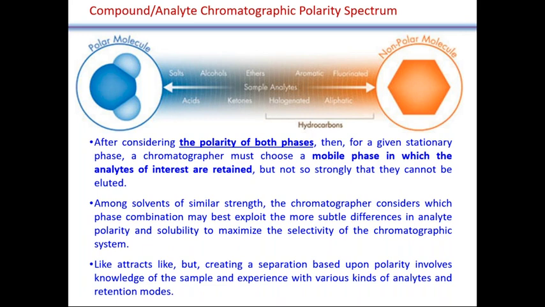If you want to do a fat soluble vitamin separation, we will generally use the reverse phase. For water soluble vitamins, we will tend to use either a reverse phase or a normal phase. But in a reverse phase, we'll use a solvent such as water because the vitamin will have greater attraction to the water.